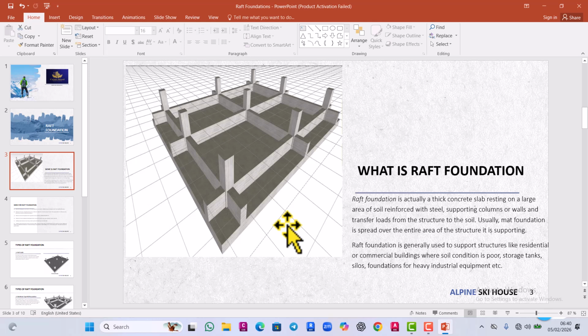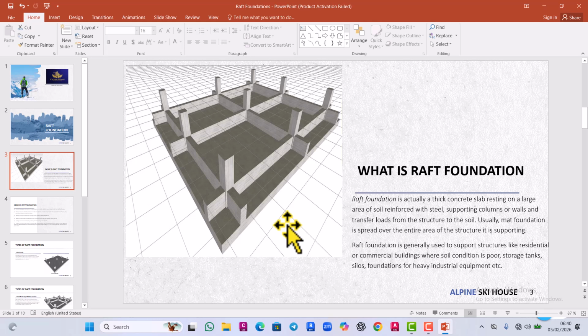You find something like a plywood to cover the whole area and ask the students to distribute themselves and carry the structure at the same time. The amount of stress each student will feel will be lesser. That's the main principle, the difference between the footing and the raft. The footing is two students carrying it individually, and the raft is when all of them are carrying it at the same time.